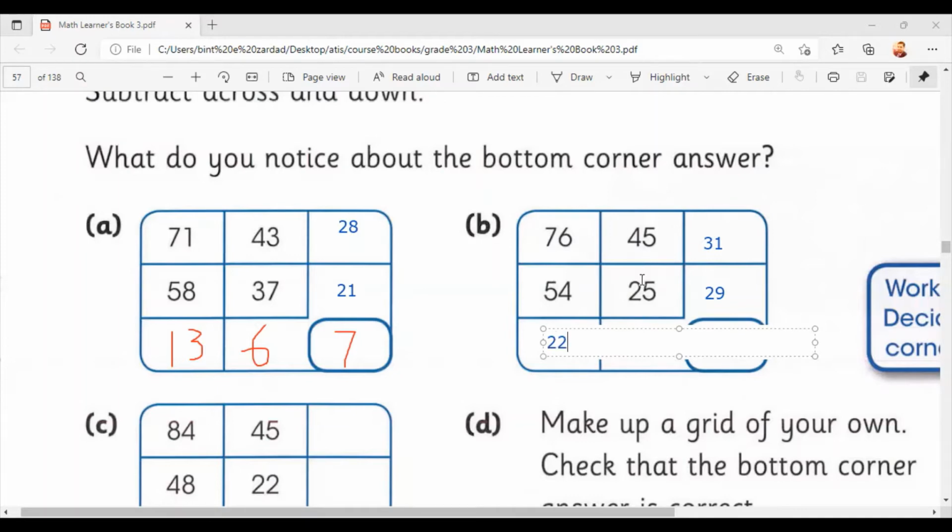And 45 minus 25 equals 20. When we subtract from any side, it comes to 29, 30, 31. The difference is only 2. Like this, parts C and the third are also the same.